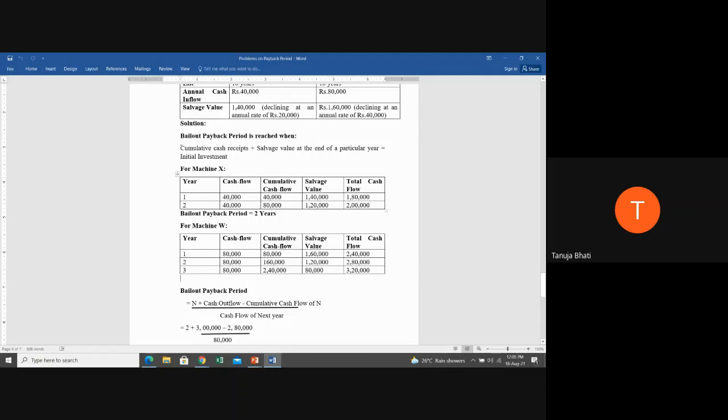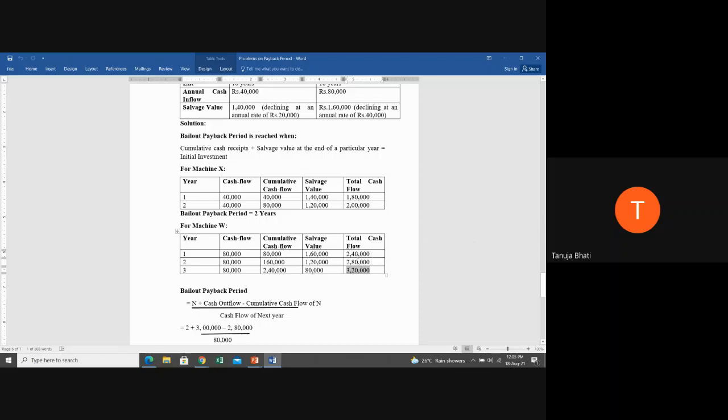Next, what is the formula to calculate payback? What is the payback period? It is cumulative cash receipts plus the salvage value at the end of a particular year. So you need to take the total cash flows, that is 80,000 plus 1,60,000, which is 2,40,000. Next, 1,60,000 plus 1,20,000, which is 2,80,000. 2,40,000 plus 80,000, which is 3,20,000.